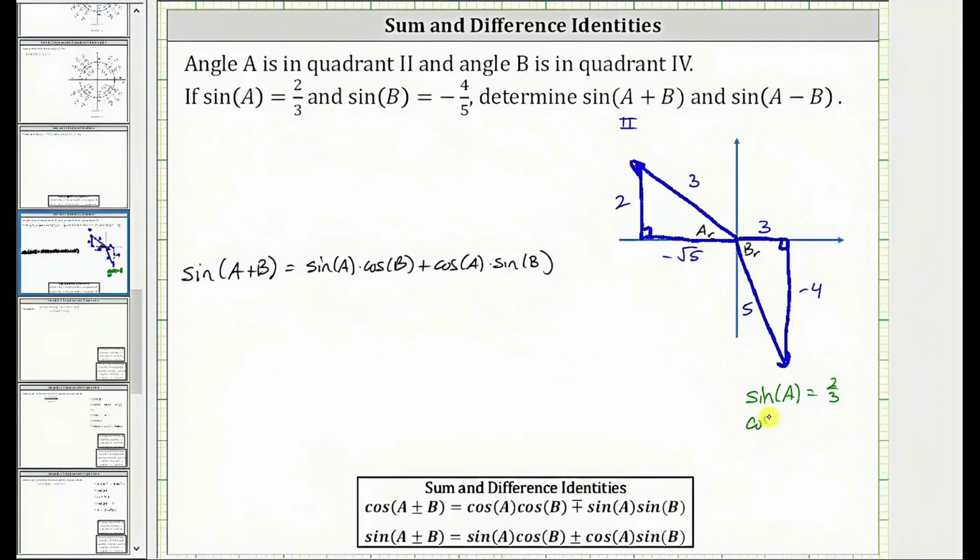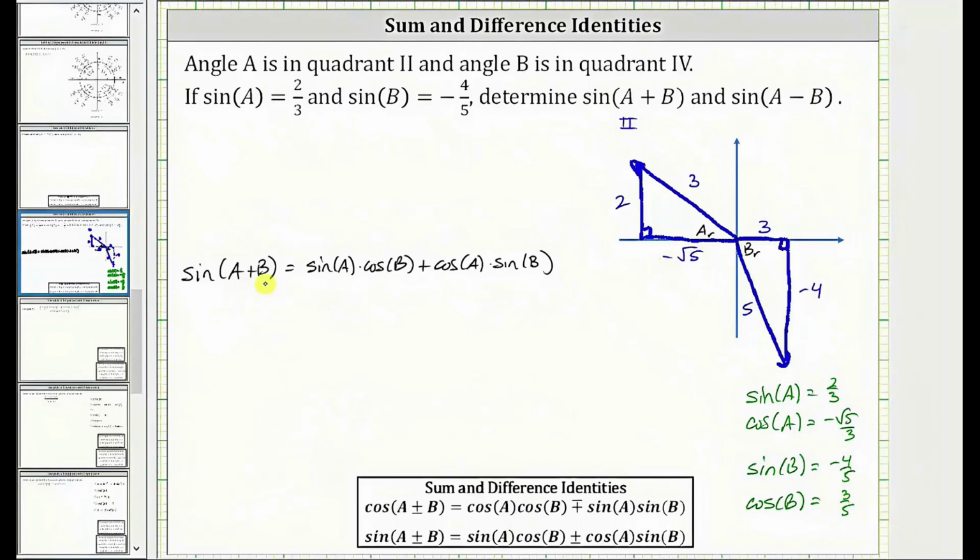Cosine a is equal to the ratio of the adjacent side to the hypotenuse, which is negative square root 5 divided by 3. Sine b is given as negative 4/5. And cosine b is equal to the ratio of the adjacent side to the hypotenuse, which using this reference triangle is 3/5.